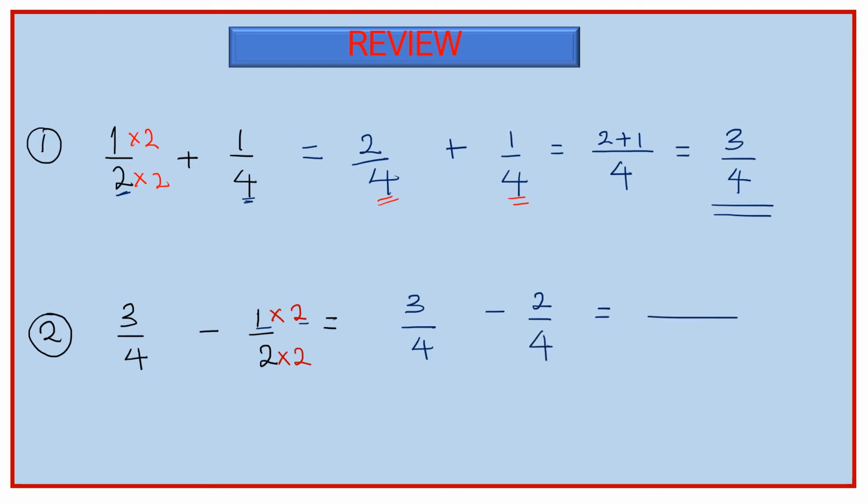Now we can have 4 and here we'll get 3 minus 2, which is equal to 1 out of 4. So this is what we looked at already.